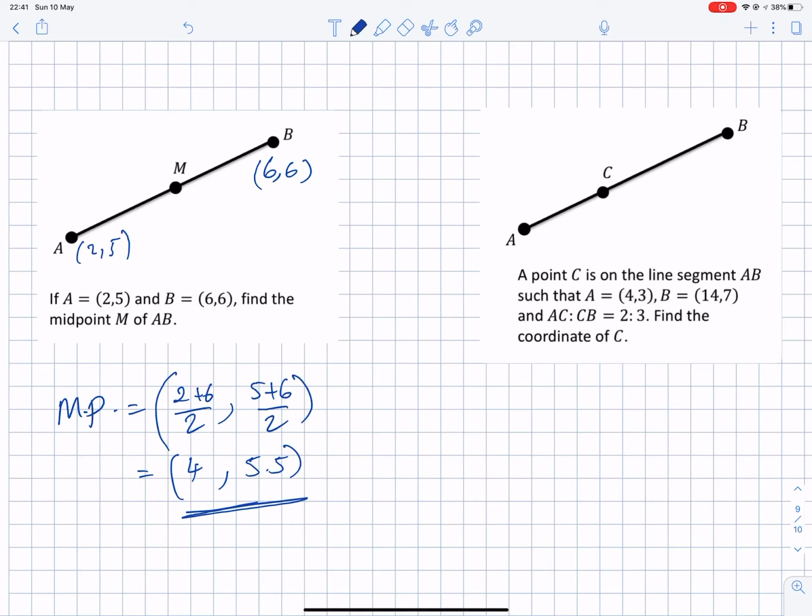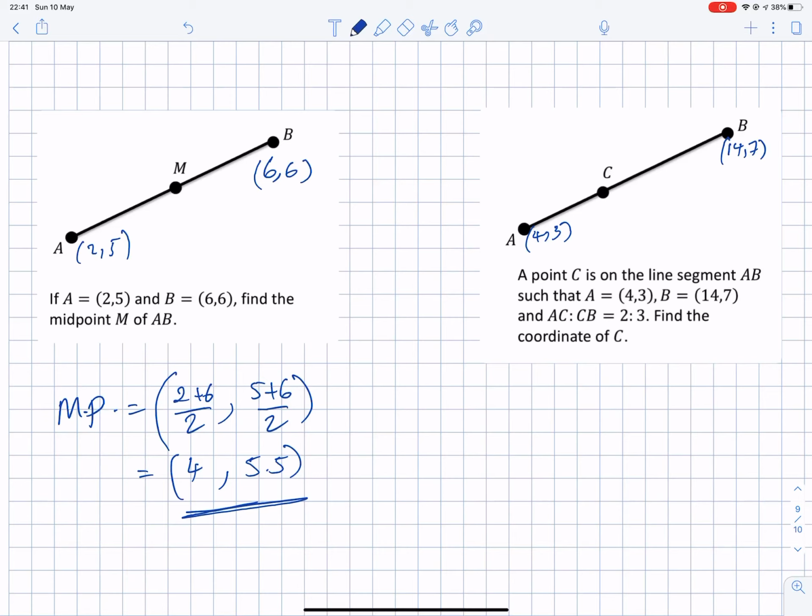Question 2. A point C is on the line segment AB such that A equals 4, 3. So this point here is 4, 3. B is 14, 7. And given the ratio of AC to CB is 2 to 3.